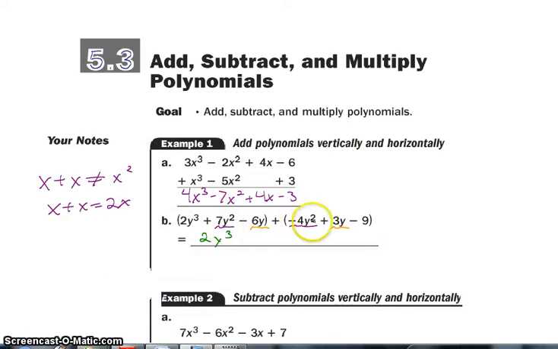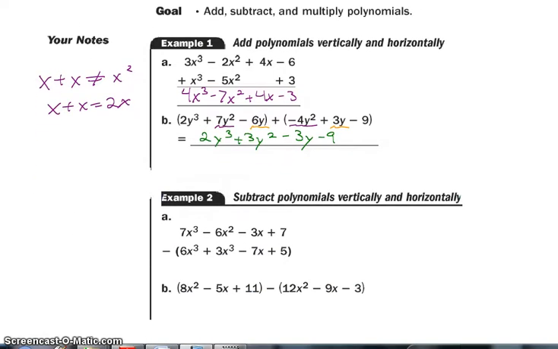We have 7y squared and negative 4y squared, so we have plus 3y squared, negative 6y and positive 3y, which is negative 3y, and then we have a negative 9. So we just put all of that together. We notice that we do have it in standard form, which is how we want all of our answers. So we want our degrees decreasing from left to right, so our highest degree is in front.